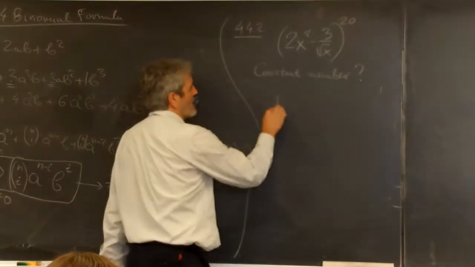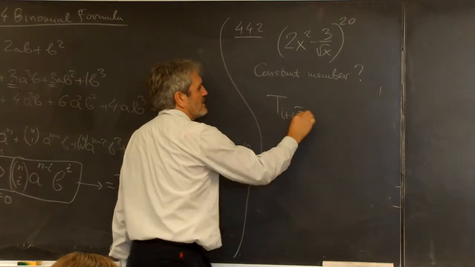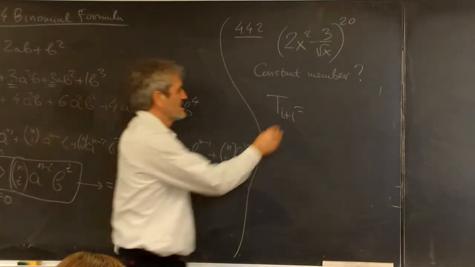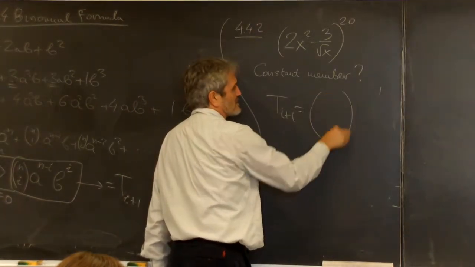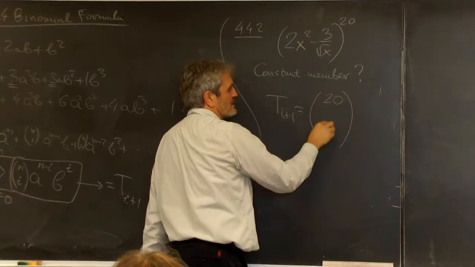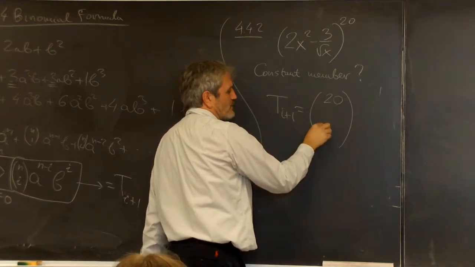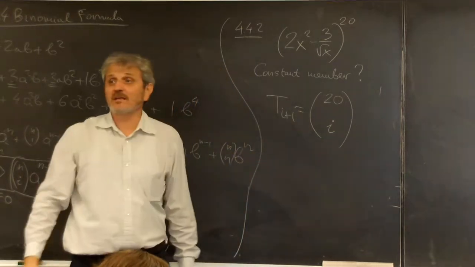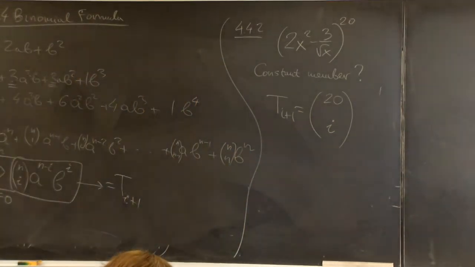So how much is the i plus first member? The formula says what? How much is my n in this case? That doesn't change. 20 choose what, i or i plus 1? No, i. Because as I said, which member is this? Is this the third member or second?